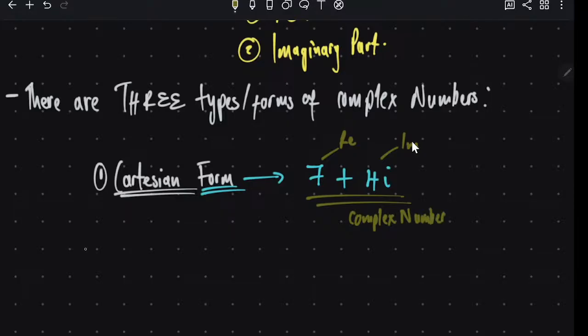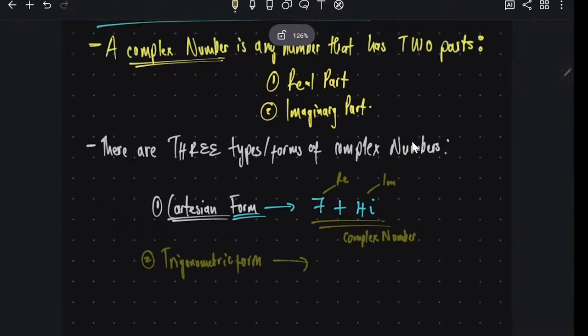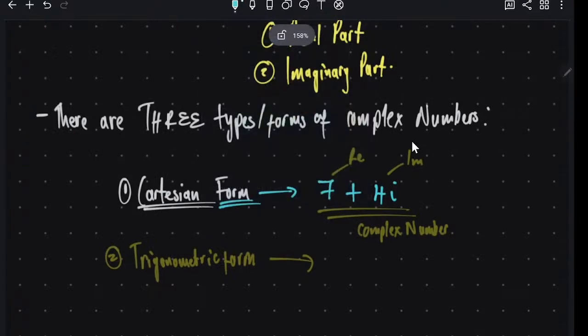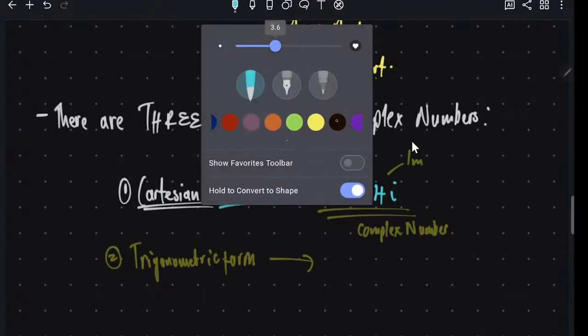Another form, number 2, is called the trig form, the trigonometric form. For this one, you write it like this. You put an R outside. Let me take a different color crayon.